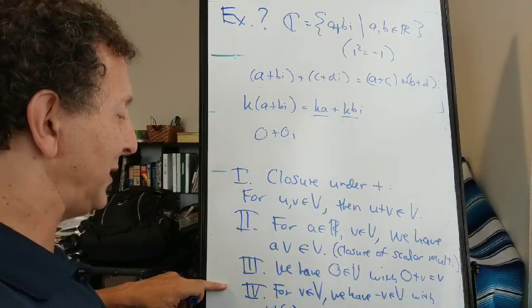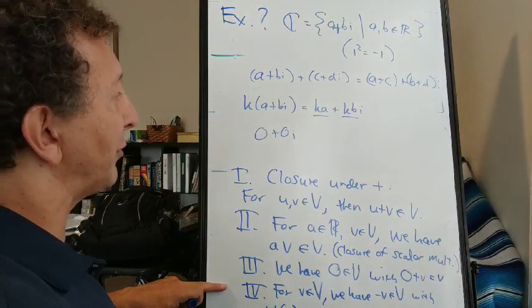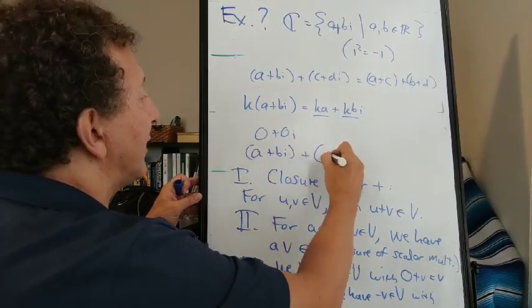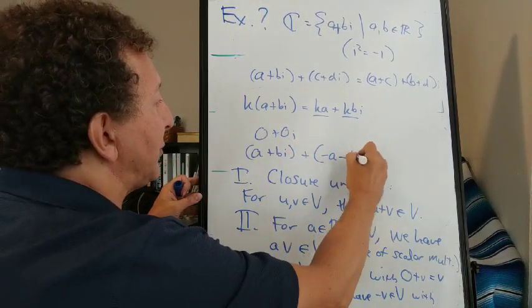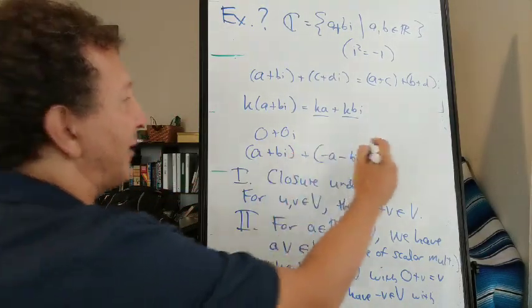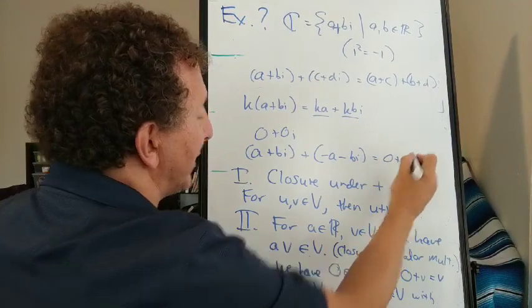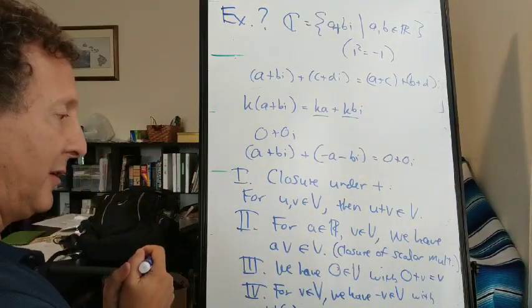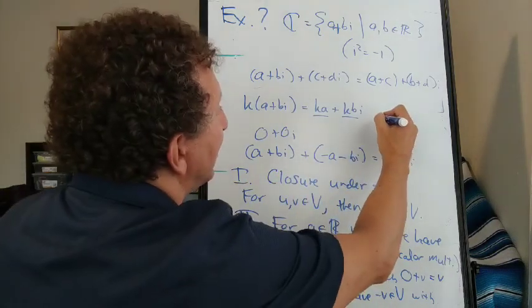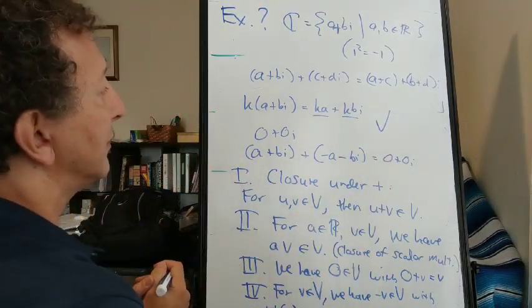And if we have a plus bi, where a and b are both real numbers, then we could take negative a minus bi. That's its opposite in the sense that if we add these together, we get 0 plus 0i. So we do have additive inverses, so that means that the complex numbers do form a real vector space.